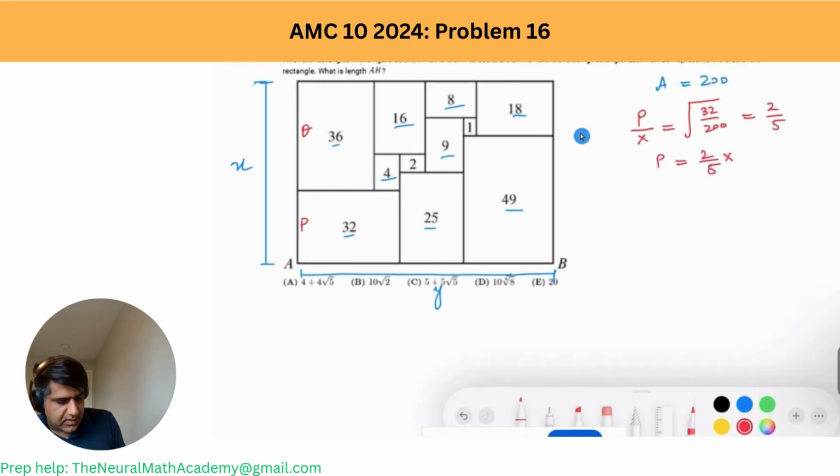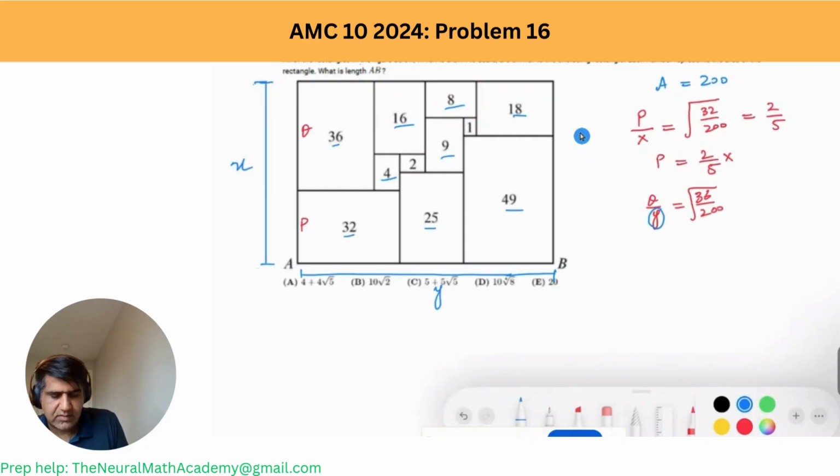And similarly, I can also write an expression for the next rectangle, and I can write it now q over y equal to 36 over 200. So I'm taking y here because we are taking the larger length now.